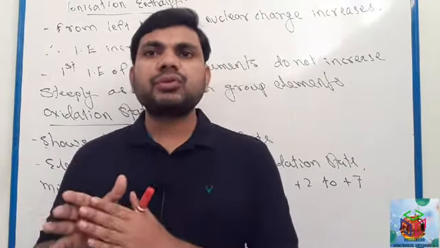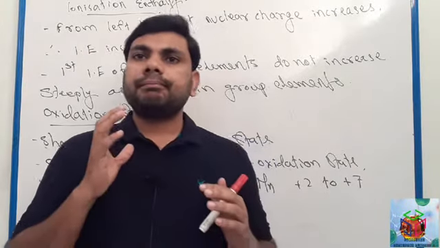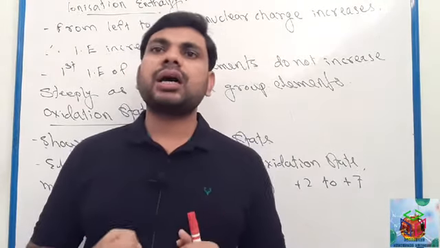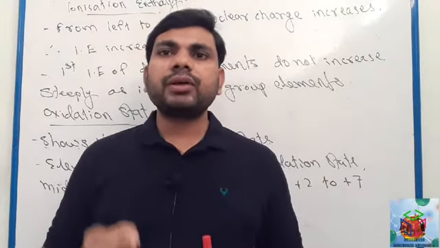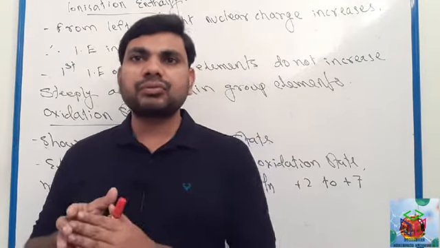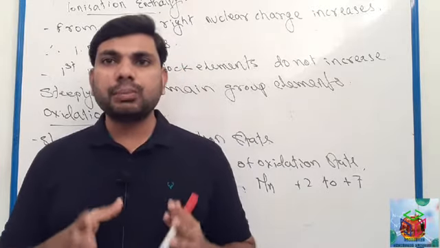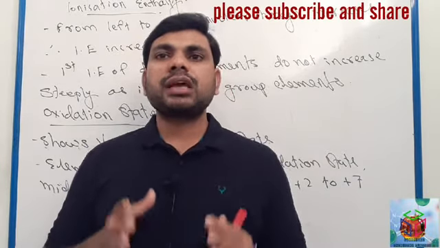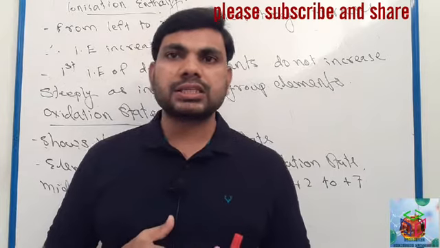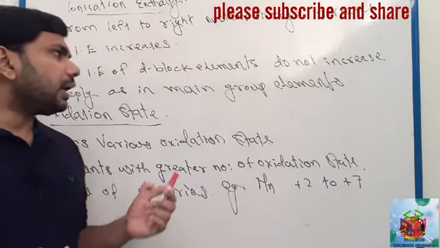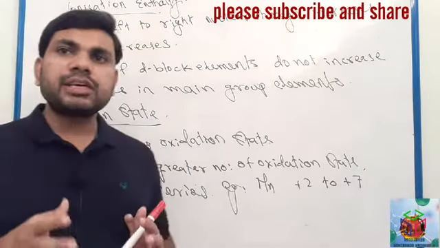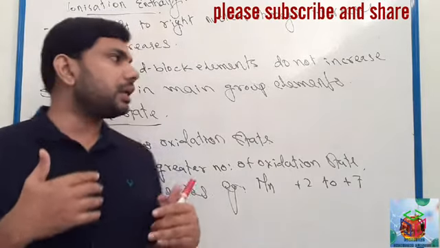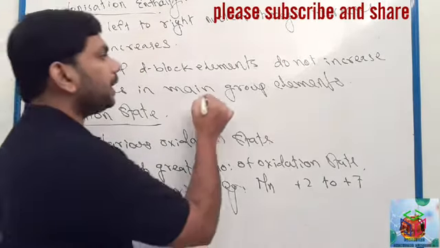Generally we know that from left to right in a period, atomic number increases, number of protons increases, so effective nuclear charge increases. Therefore, ionization enthalpy increases from left to right in the 3d series. In d block elements, ionization enthalpy increases from left to right because effective nuclear charge increases. But here the first ionization enthalpy of d block elements does not increase steeply like main group elements.